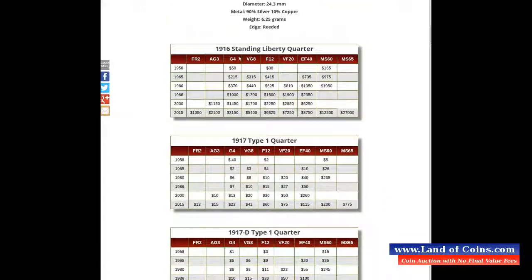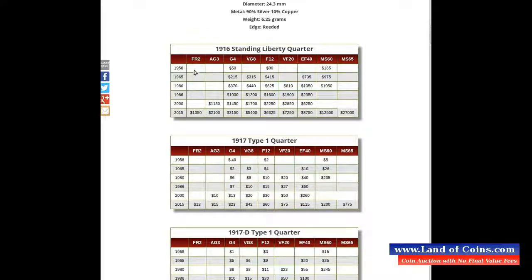So here we go, 1916 Standing Liberty Quarter. The most famous Standing Liberty Quarter. And you can see that the value in 1958 for G4 grade condition was about $50. F12 was $80. MS60, $165.